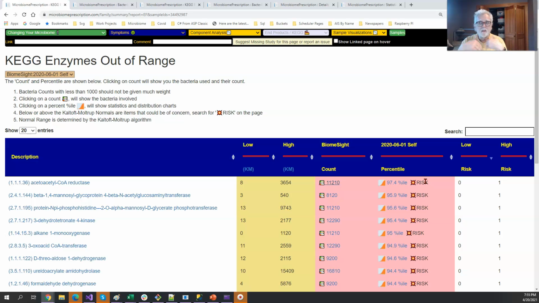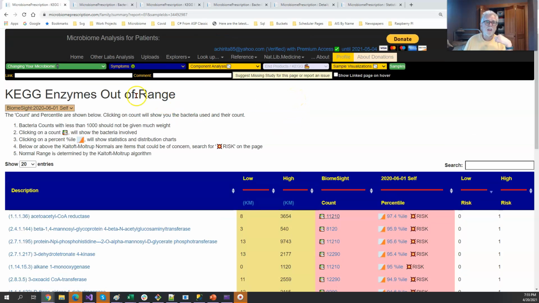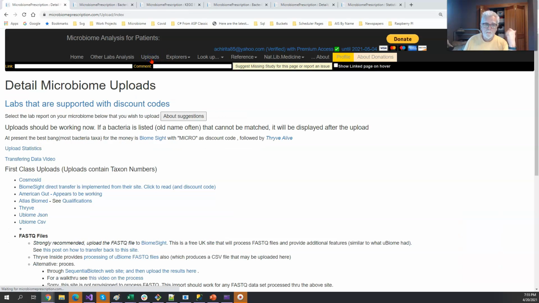In this case, we don't have that many, so we are still using the aggregate of everybody's, from uBiome, from Thrive, from Biome Site, which can cause false positives and false negatives. I'm sorry for that, but it's the best I can do until we get more samples uploaded.